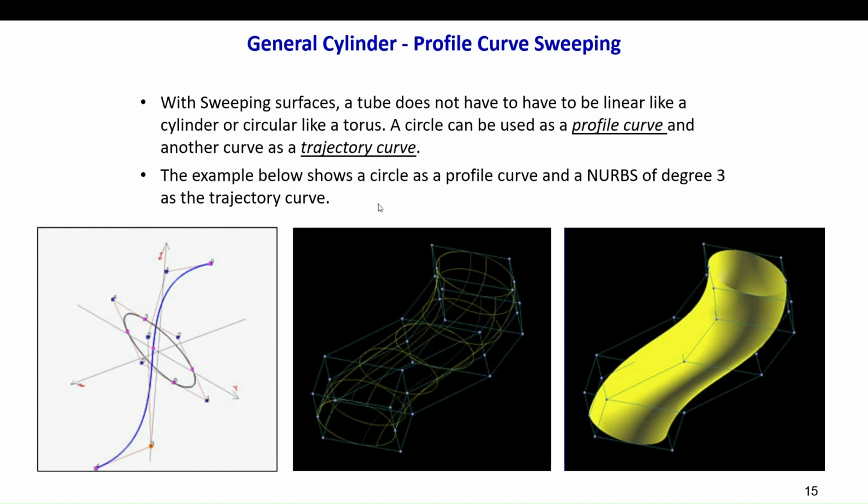The example below shows a circle as a profile curve with NURBS degree 3 and as the trajectory curve. So as you can see here on the next image, the circle follows the trajectory of the NURBS curve. And the last picture is just a solid version of that cylinder.